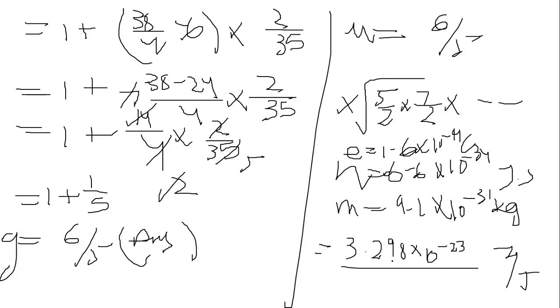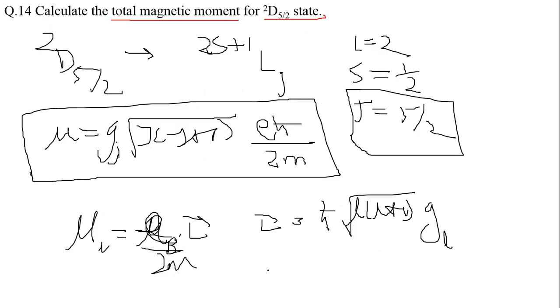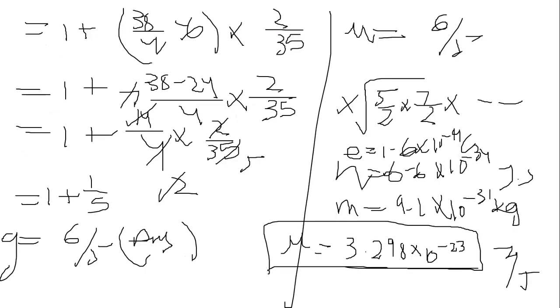This will be the value of the magnetic moment mu. So if an electron is present in a state 2d 5 by 2, the magnetic moment for the electron will be 3.298 into 10 to the power minus 23 joule per Tesla.